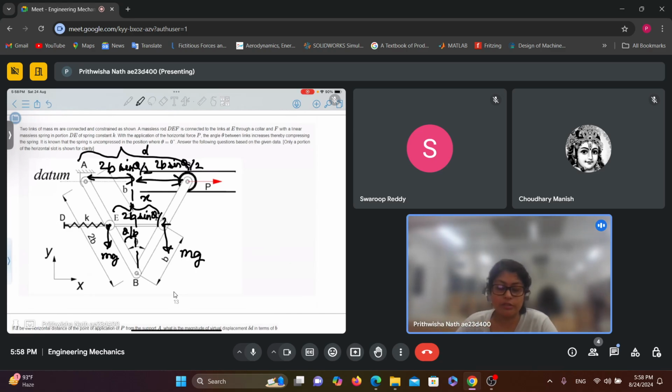So what would be the gravitational potential energy for the system? This level is datum, so it will be negative, right? Can you tell me what will be the gravitational potential energy?